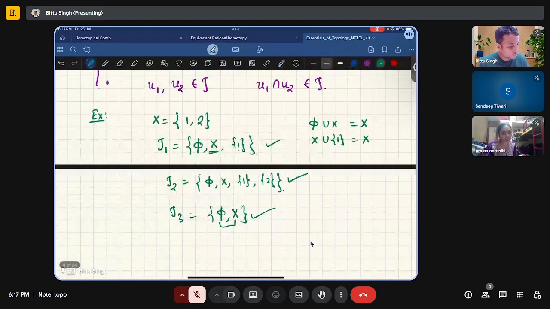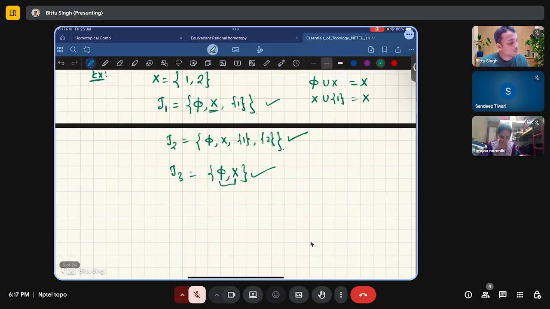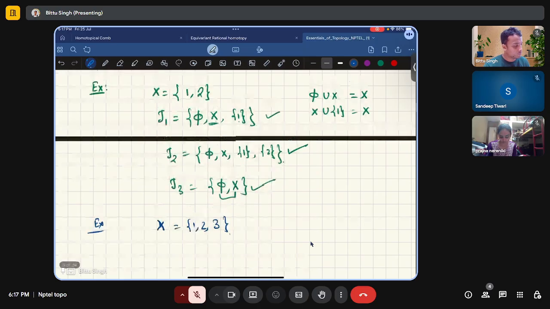So a non-example, let me give a non-example. Consider those three things: x equal to 1, 2, 3. Here we can also create a non-example. For example, suppose empty is there and 1 is there.